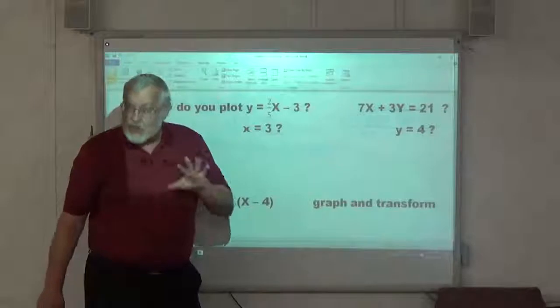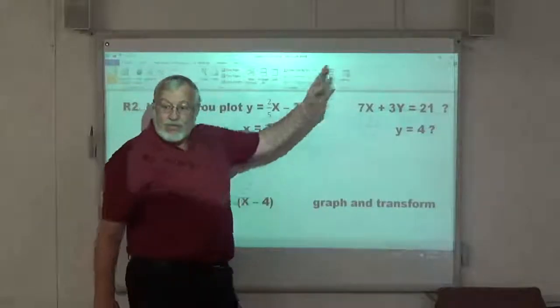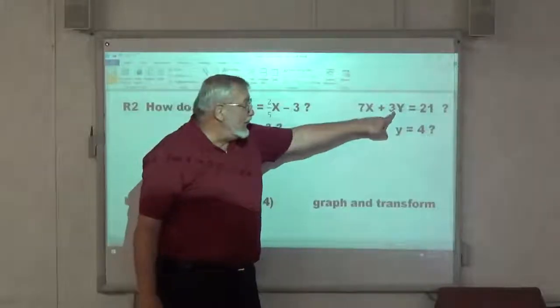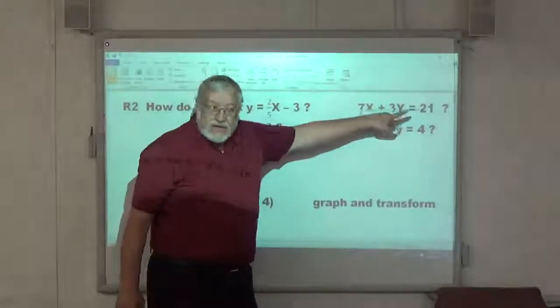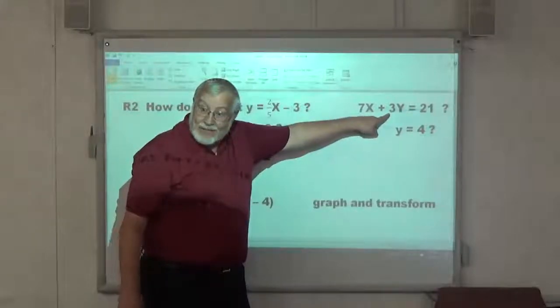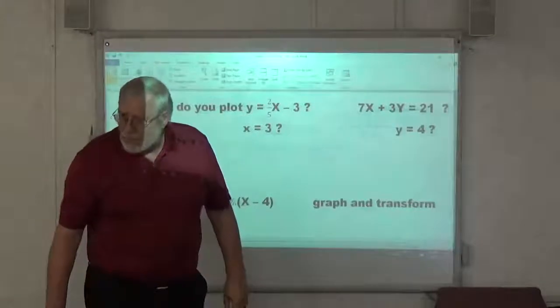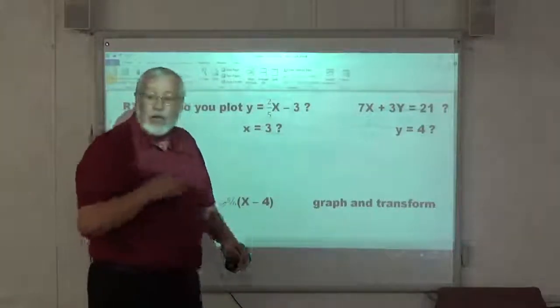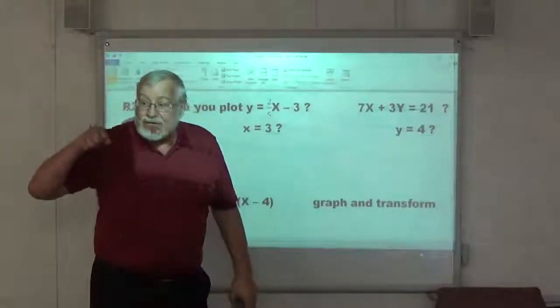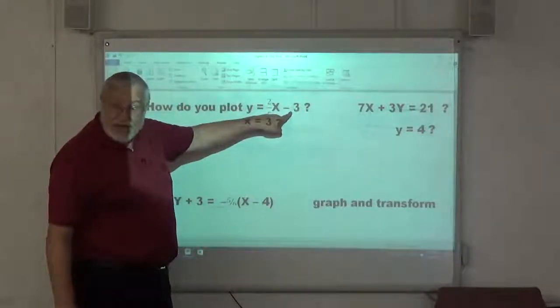This is a trick you should know. Okay? When you move the x term, you're going to divide by this coefficient. So what's going to happen to the 21? It's also divided by... So what is 21 divided by 3? 7, right? So therefore my y-intercept is 7, just like this y-intercept was negative 3.